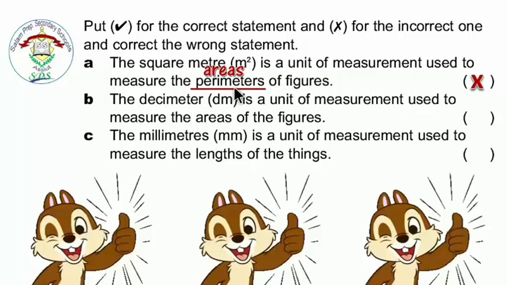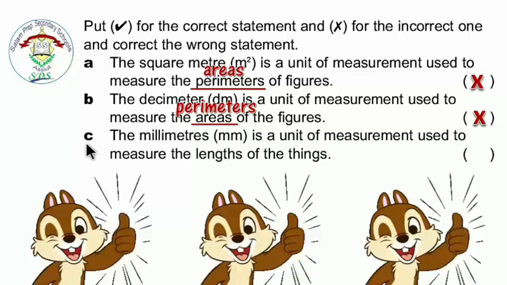Please take care. The second one, the decimeter is a unit of measurement used to measure the area of the figures. That's false, because the decimeter is a unit used to measure the perimeter of the figure.